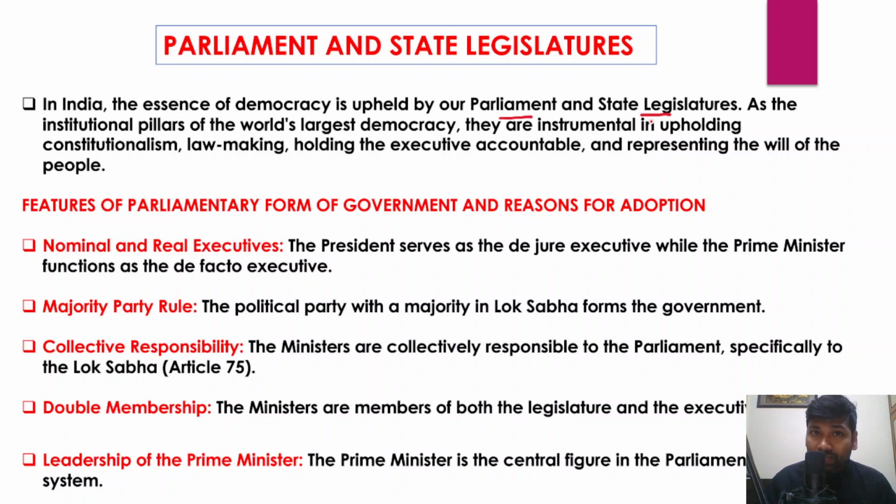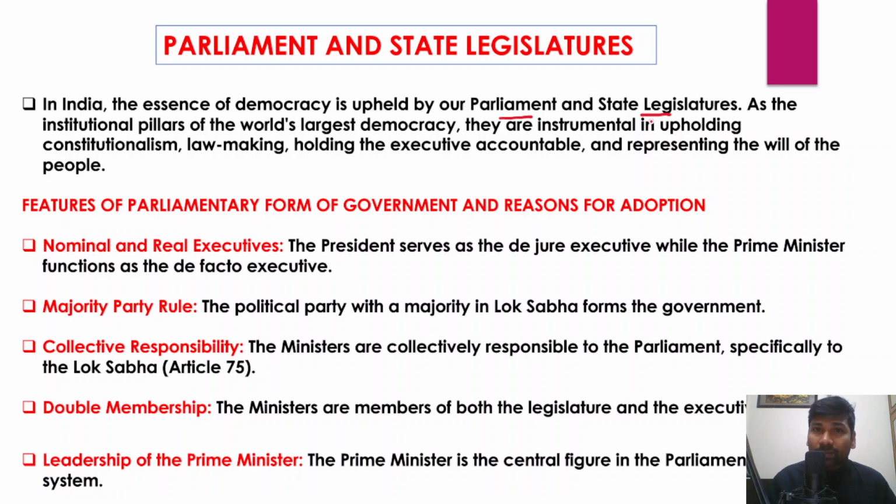The first very important feature is nominal and real executives. In a parliamentary form of government, there is both a nominal executive and a real executive. In India, the president is known as the nominal executive and the real executive is the prime minister.